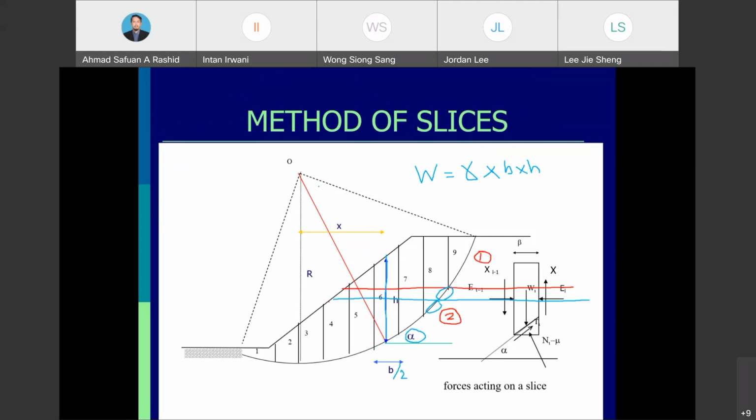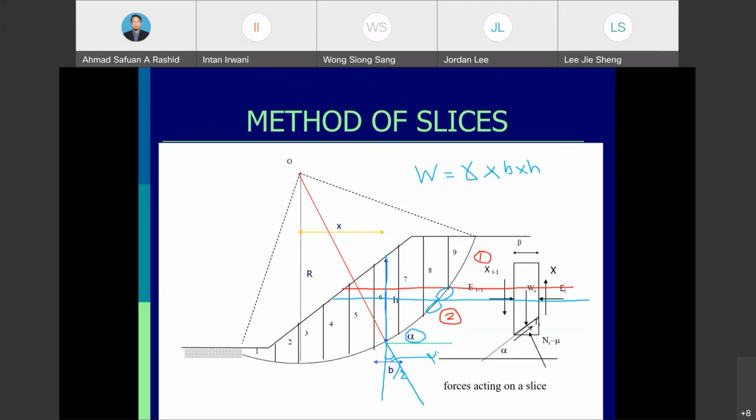In order to determine the alpha, for example for this red line, we need to extend this red line, and then this center line should extend as well. By the use of the protractor, we need to determine the degree of the alpha.